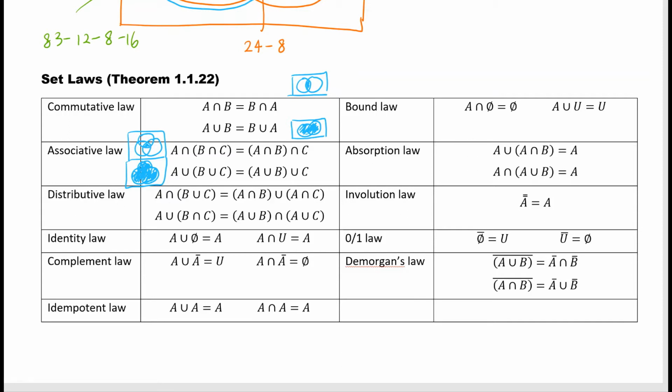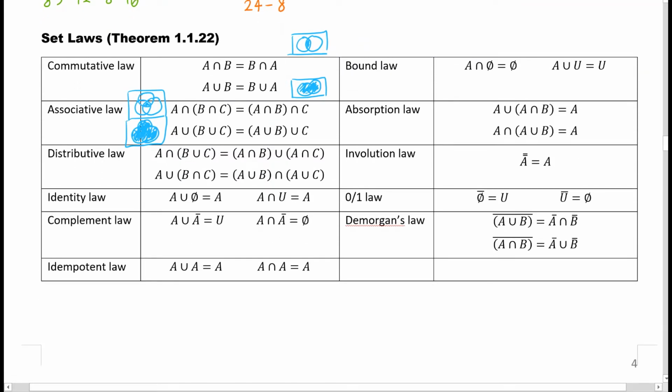Next, the distributive law. A intersect the B union C is the same as computing A intersect B, then A intersect C, and then taking the union of them together. We can show this by the Venn diagram. Let's draw it.